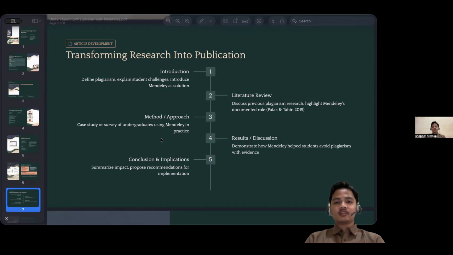The method section could use a case study or a survey involving undergraduate students who use Mendeley. Then the results and discussion would show how Mendeley helps students avoid plagiarism. Finally, the article would end with a conclusion and implication, summarizing the impact and providing recommendation.